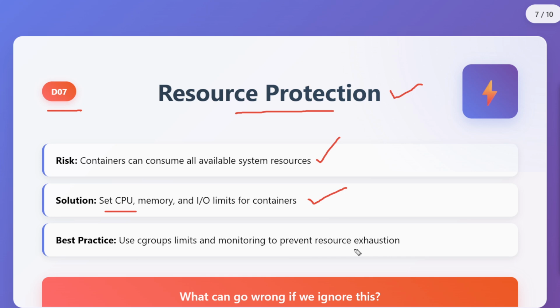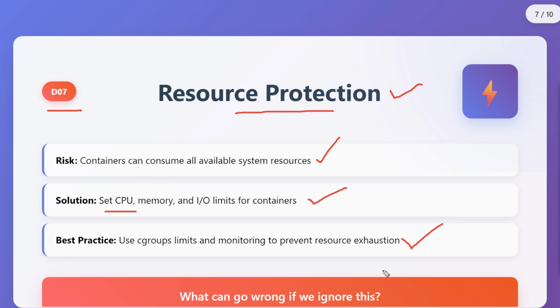And the best practice is to use cgroups limits and monitoring to prevent resource exhaustion. Linux cgroups enforce these limits. Combine them with monitoring tools like Prometheus and Grafana to detect spikes in traffic and resource utilization, and we can prevent outages.